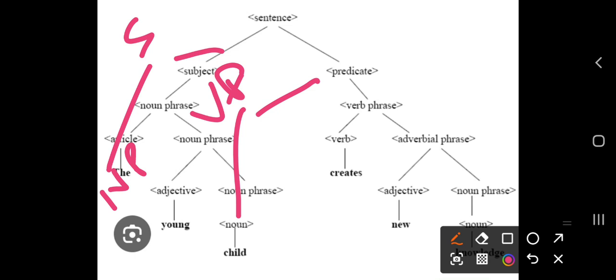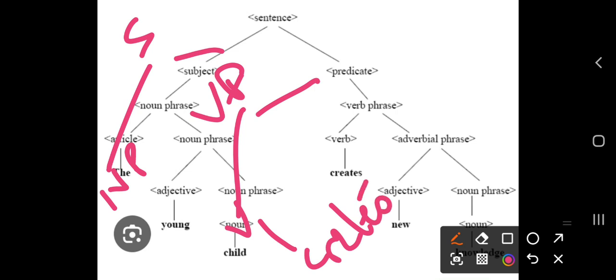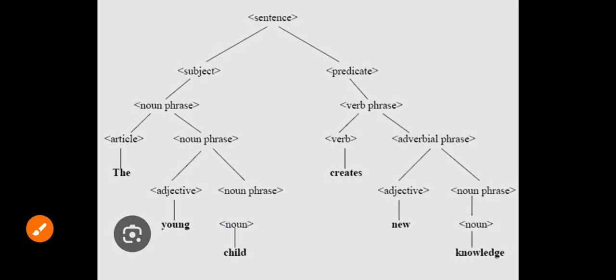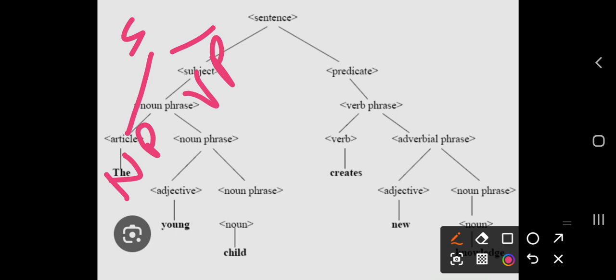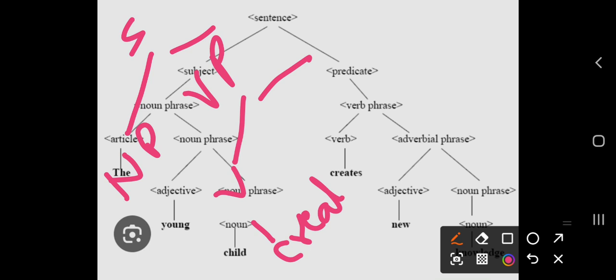For the verb phrase, first drop the verb. That's the verb, creates, right? Let me make it clean. I have already explained the noun phrase. Now come to the verb phrase. Here the verb is creates, right?